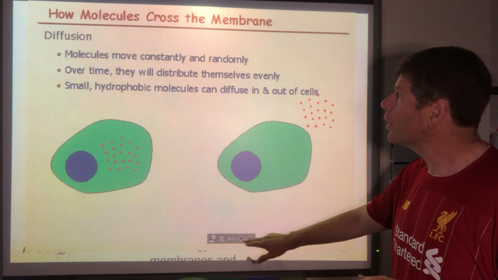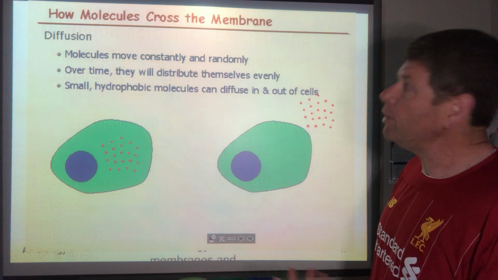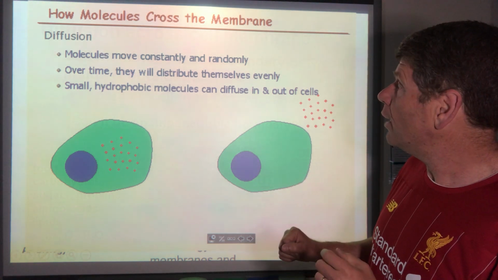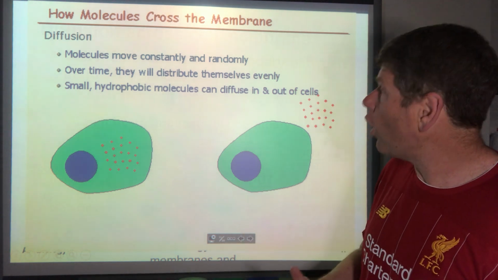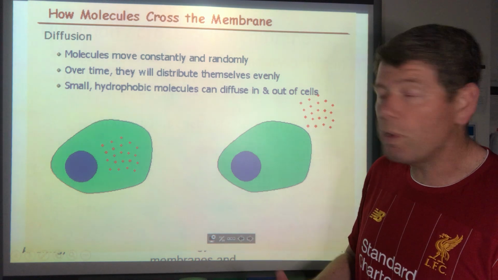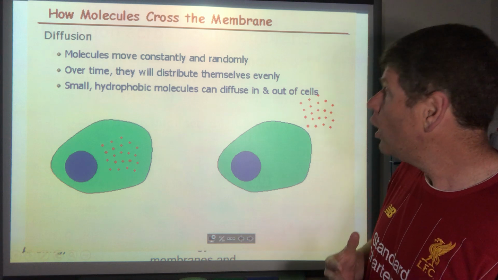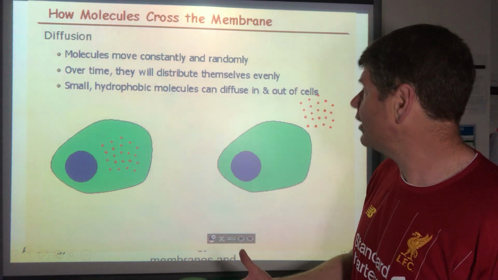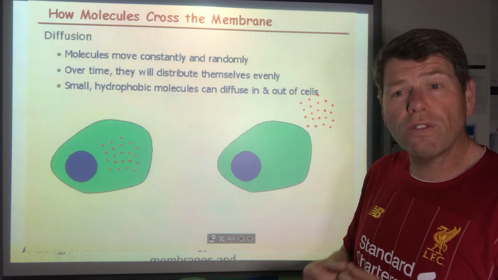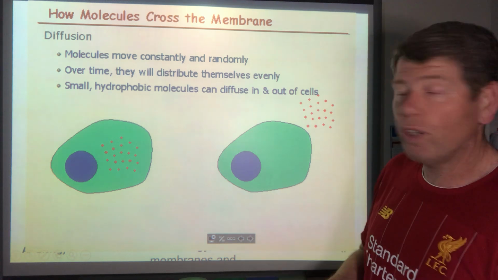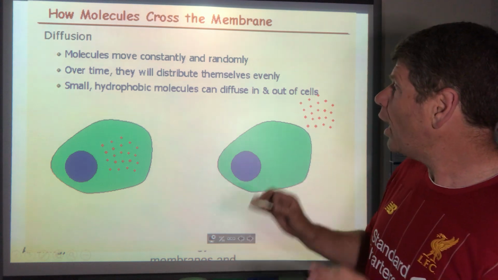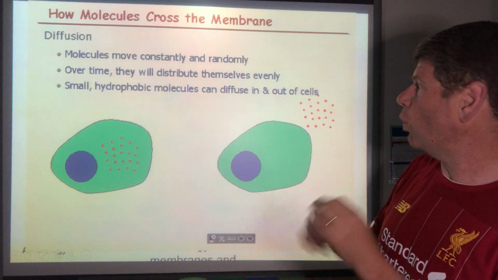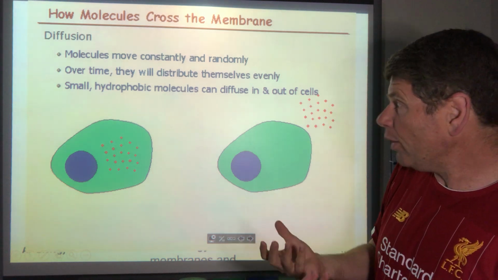All right? Now, how does this happen? Well, let's come back to diffusion. So diffusion works on the fact that molecules are in constant random motion. We often call that Brownian motion. Over time, they will distribute themselves evenly. That's just a universal law, often called entropy. Small hydrophobic molecules, remember hydrophobic, they don't like water.